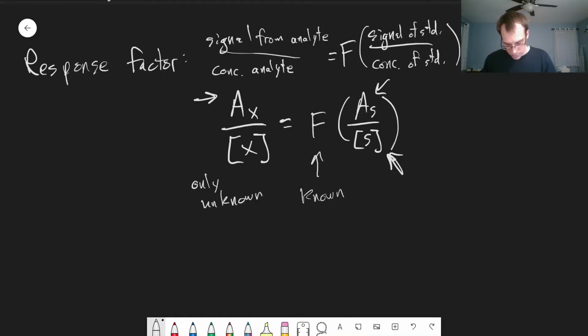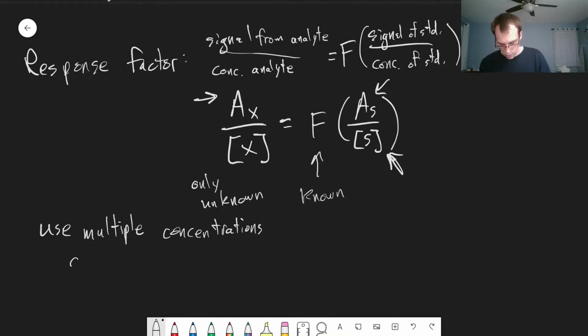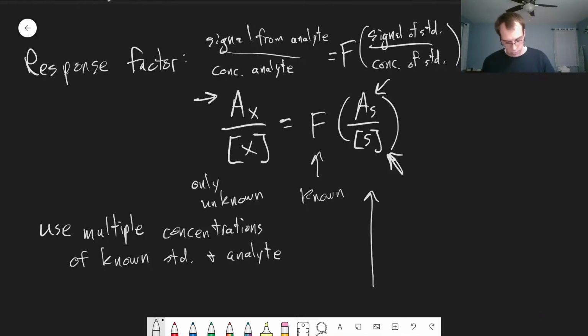Now, you can do this with just one sample, but generally what we do is that we use multiple concentrations of known standard and known analyte to construct a calibration curve. All right, so your calibration curve will look something like this.